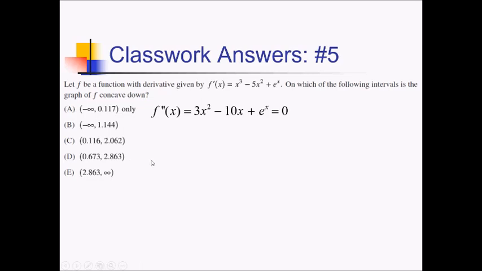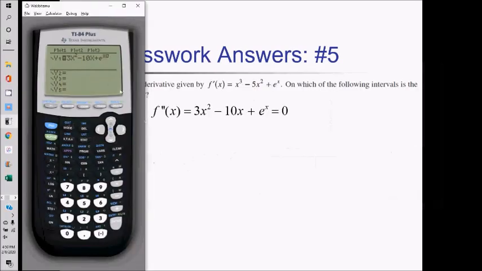So just to be on the safe side, I'm going to make my window -1 to 3, just so I can see the y-axis clearly. I've already got 3 as my x-max, so we'll take it. Let me do zoom fit, and let's see what this looks like.